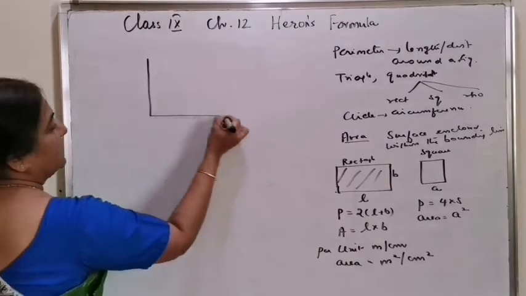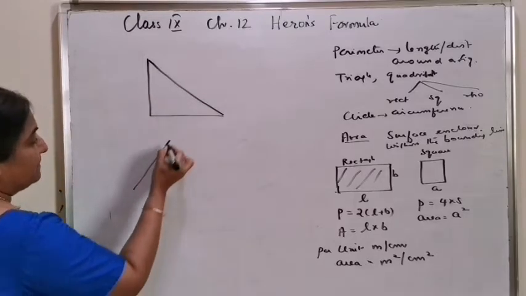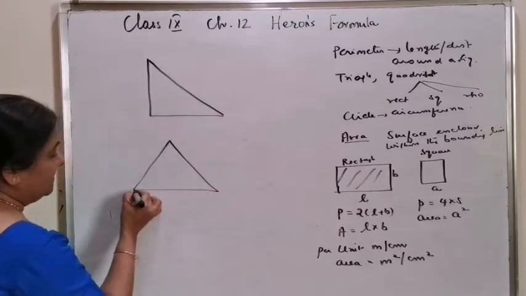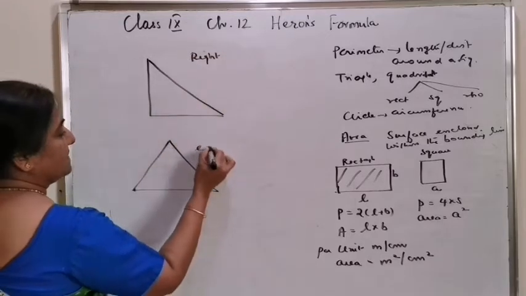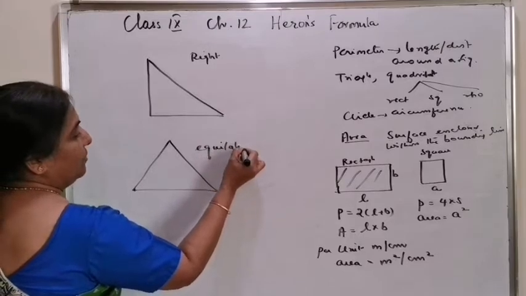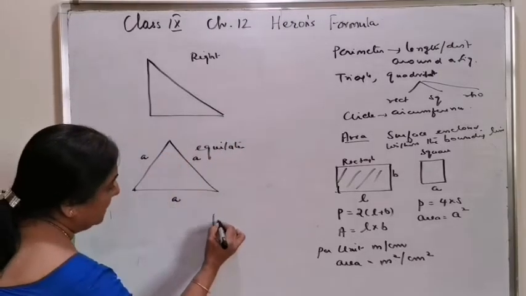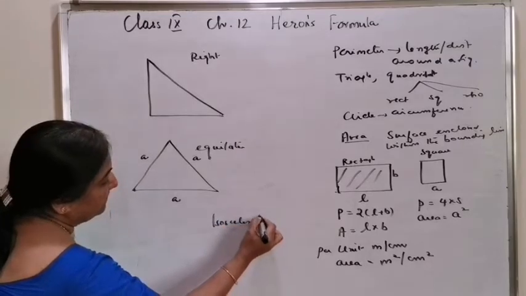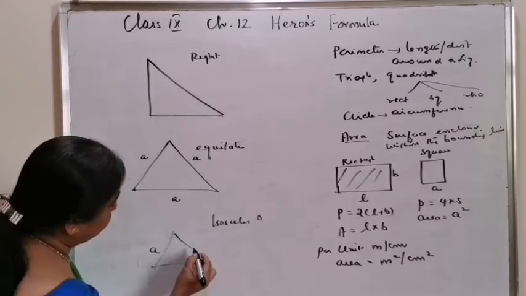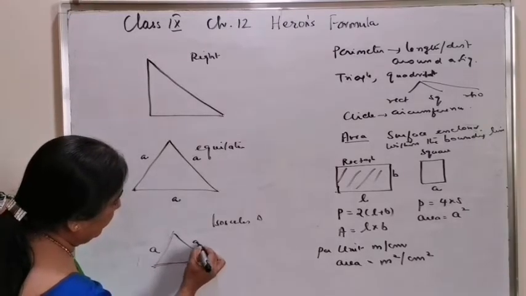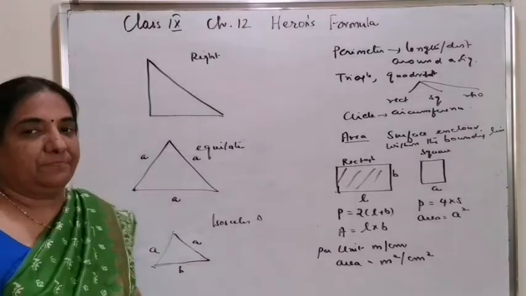And now, the triangle. There are right triangles, there is the equilateral triangle, with all sides of measure A, and the isosceles triangle with two sides equal and the third side can be any measure.